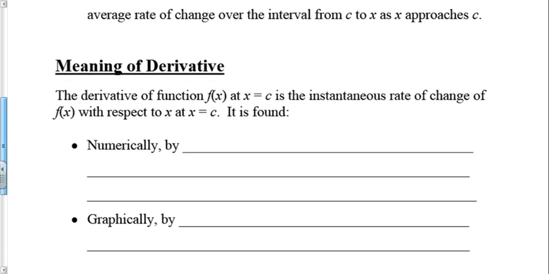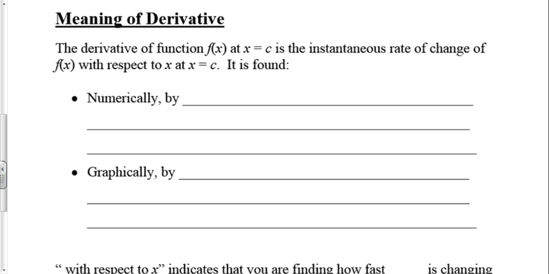So, meaning of derivative. The derivative of function f of x at x equals c, some x value, is the instantaneous rate of change of the function with respect to x at x equals c. It's found numerically by doing what we just talked about, taking the limit of the average rates.